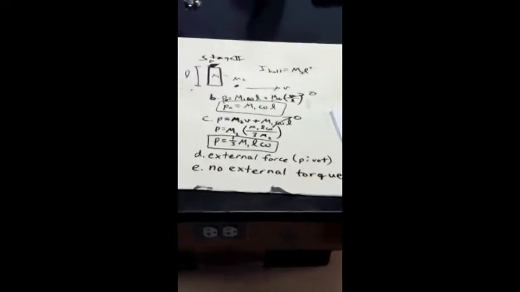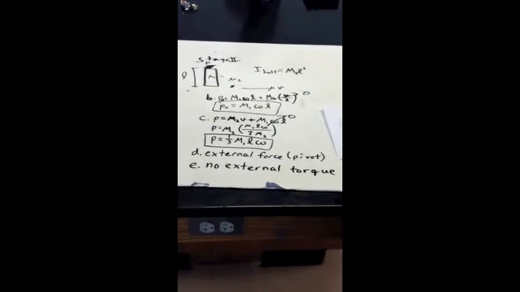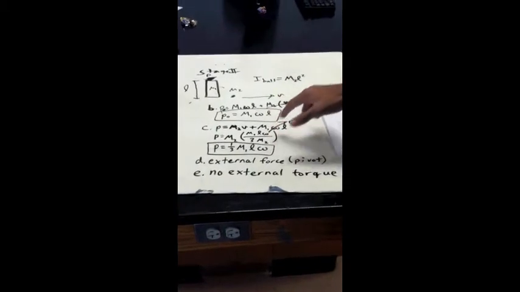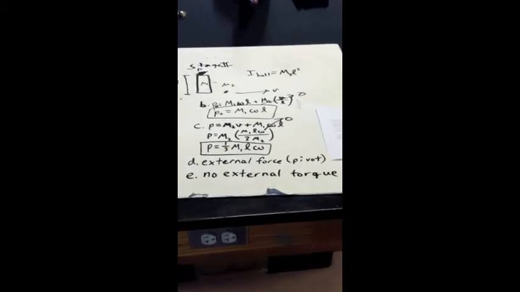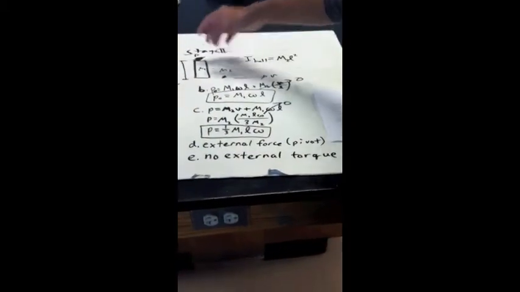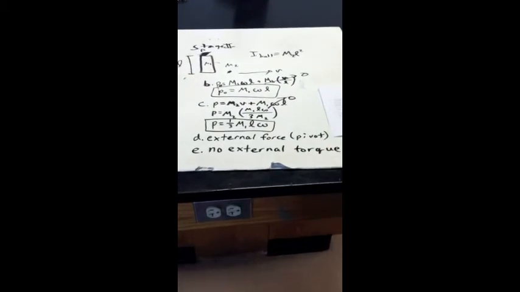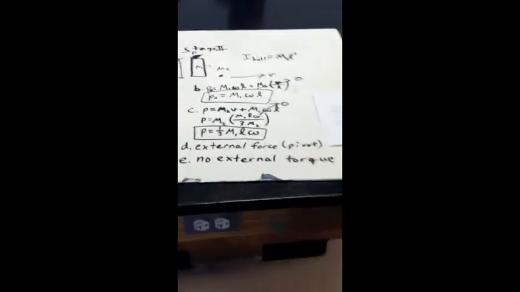Now looking at part D, what is responsible for the change in the linear momentum of the system during the collision? Clearly from here to here there's a change in the linear momentum, and the reason is that we have an external force acting on the system, which is the force of the pivot on the rod. Since we have this external force, linear momentum is not conserved.